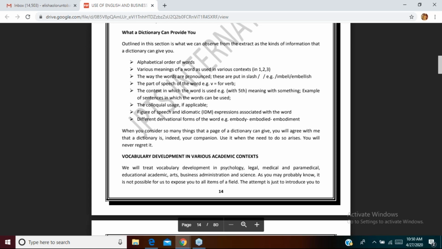Look at that now. And we have embodied. We also have embodiment. So when you consider so many things that a page of a dictionary can give, you will agree with me that the dictionary is indeed your companion. Use it when the need to do so arises. You will never regret it.